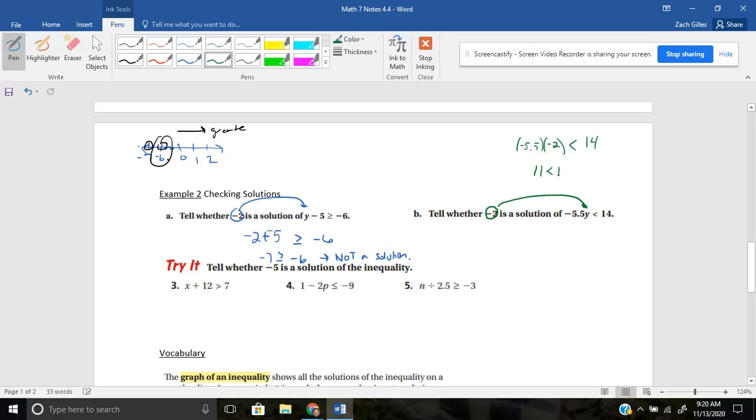So is 11 less than 14? Yes, it is. So yes, negative 2 is a solution of that inequality. Go ahead and substitute negative 5 for these values, 3, 4, and 5. Pause the video now to see if you get the correct answer.